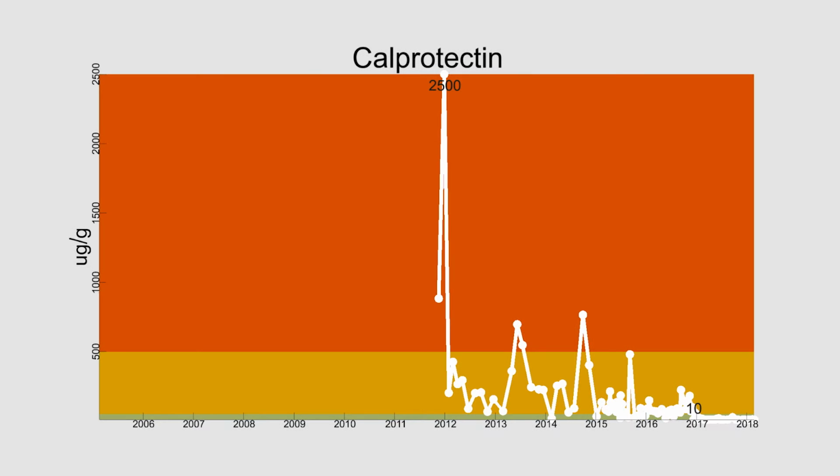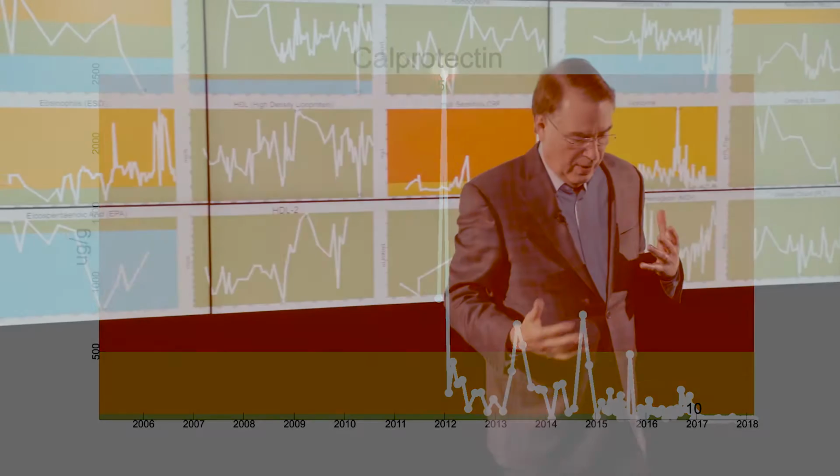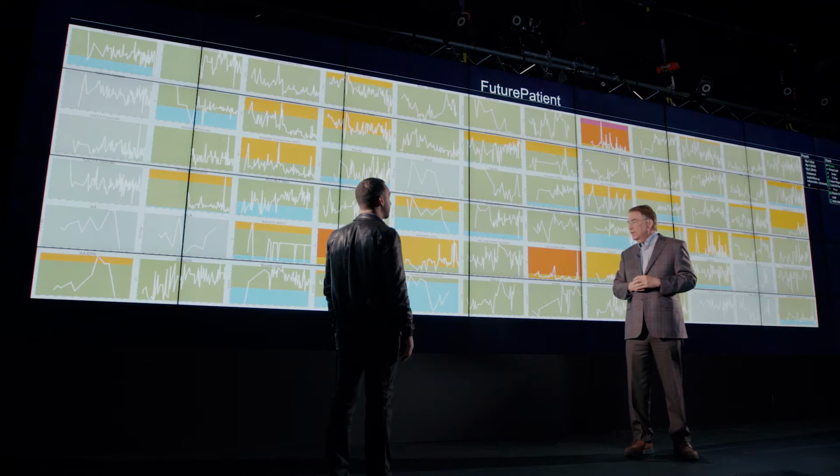And calprotectin, which is at this spike, was 50 times. And so I went into the medical literature, the published literature, and I looked up research articles on calprotectin and lactoferrin. And it turns out that these are the sensitive and specific biomarkers that are used to tell if you have inflammatory bowel disease, which is an autoimmune disease, one of 80 autoimmune diseases that the National Institutes of Health recognizes. And so I said, I see.